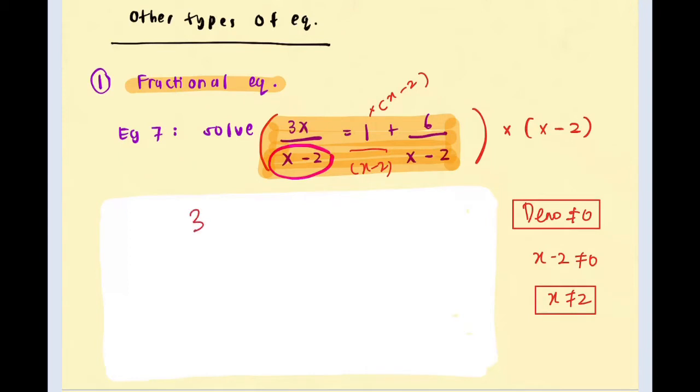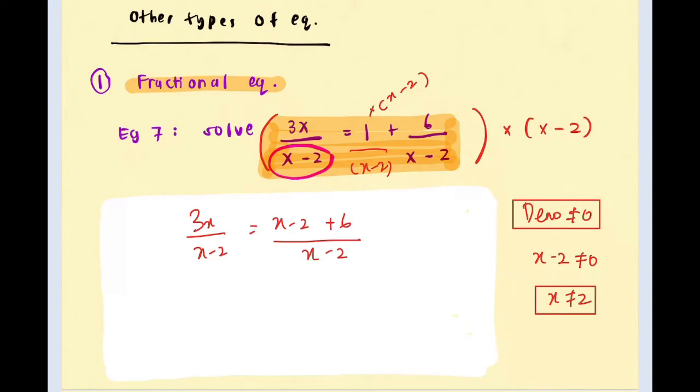So let's continue. Now you have 3x over x minus 2 equal to x minus 2 plus 6 over x minus 2. Now we can combine since our denominator is the same. Now let's continue how to proceed to the next step.